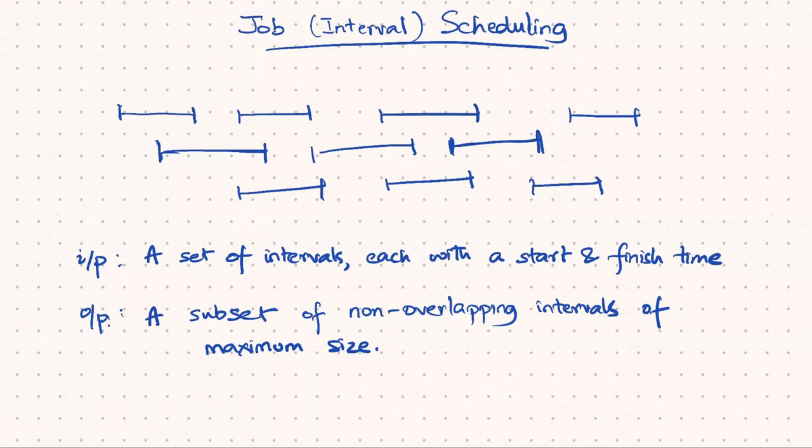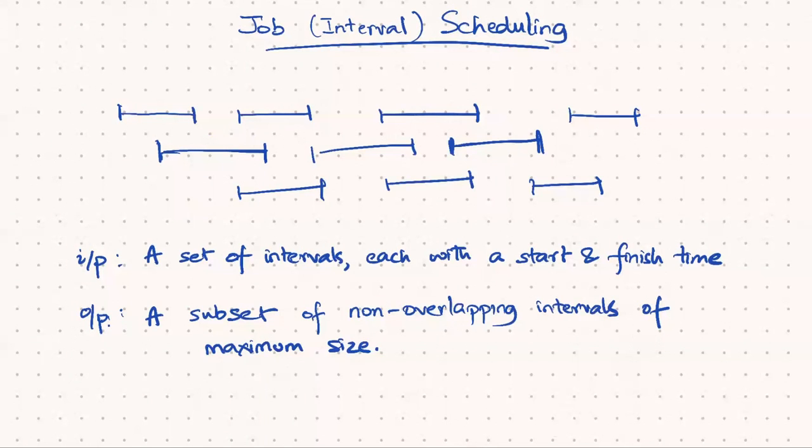Okay, so if we want to do that, our intuition might say, let's try and satisfy all the small intervals, right? The intervals which are of small durations, because we might be able to fit many of them, right? We might be able to satisfy a large number of them if we pick the intervals that are the smallest, right?